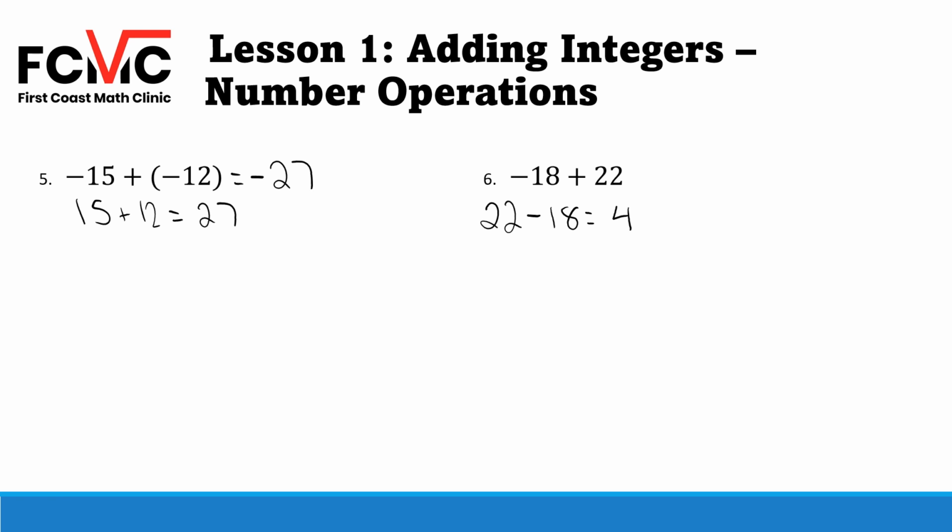So which of these two numbers, negative 18 or 22, is further from 0? Well, negative 18 is 18 units, 22 is 22 units away from 0, so that 22 is further from 0, so our sign here is going to be positive, so our answer should be positive 4.